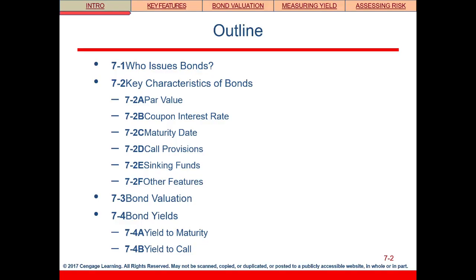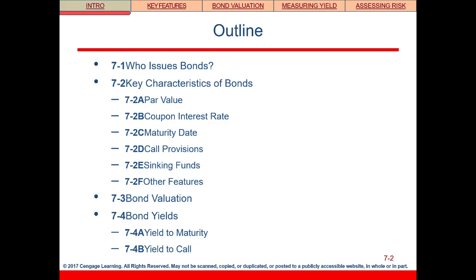Right, market interest rate is usually the yield to maturity, depending on when you buy the bond. Usually the yield to maturity will be equal to the market interest rate if the purchase price equals the fair price of the bond, like the purchase price equals the current market price.